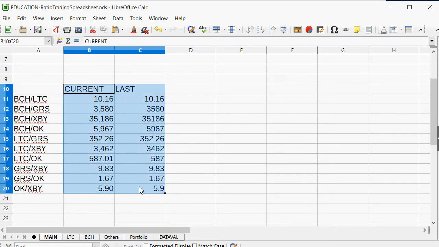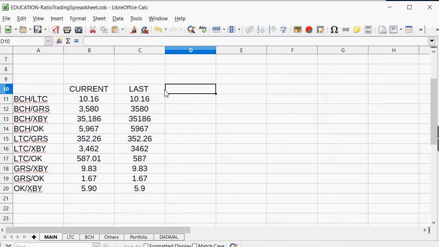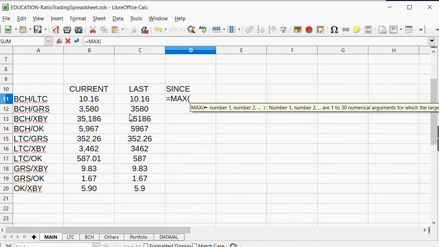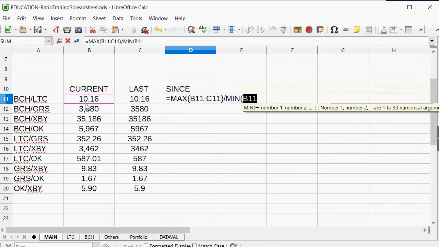And I could maybe put this in a centering format because it looks better. I also like to see how the markets do from last trade. So what I'm going to do is equals max of the two numbers divided by the minimum of the two numbers and subtract 1.